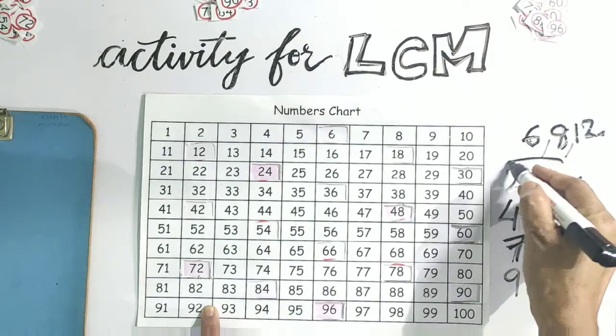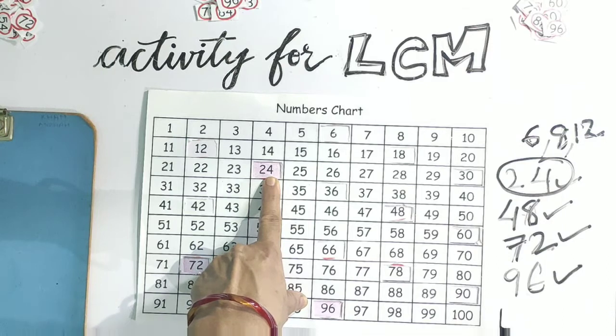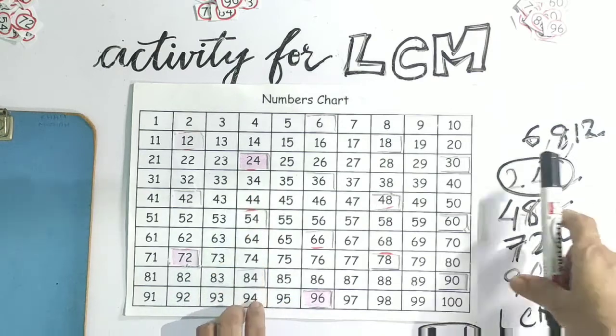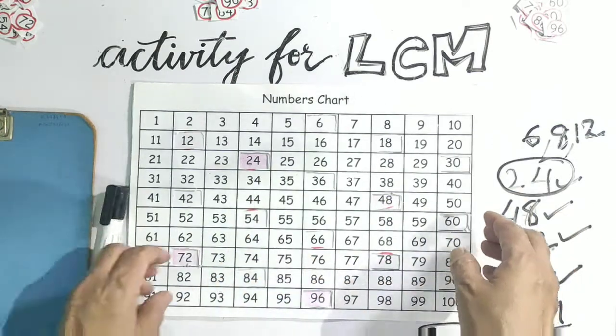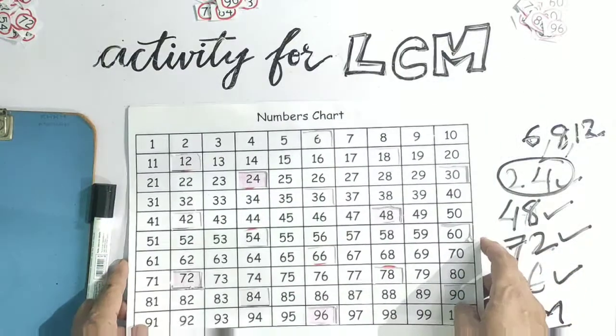So which one is the least one? Looking at 24, 48, 72 and 96, the least one is 24. So the LCM of 6, 8 and 12 is 24. So by this you can find the LCM of any numbers by using this activity.